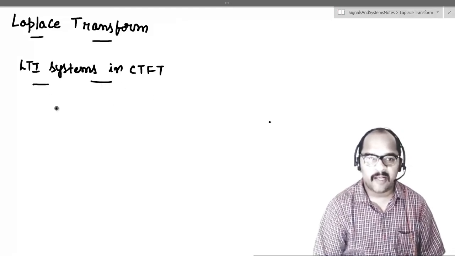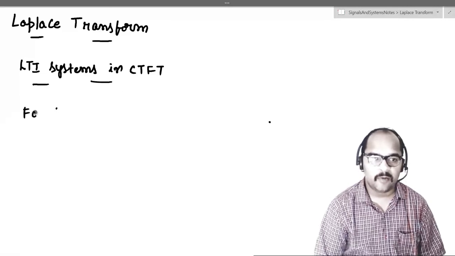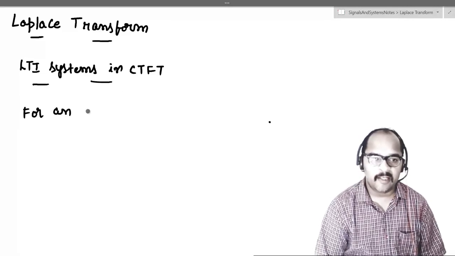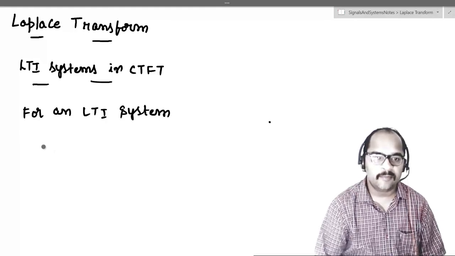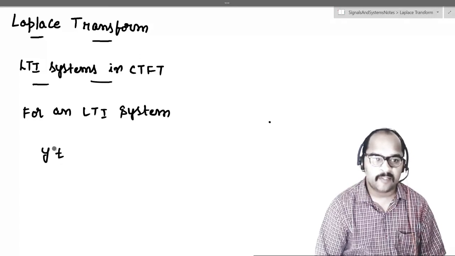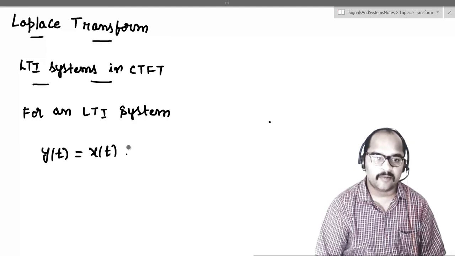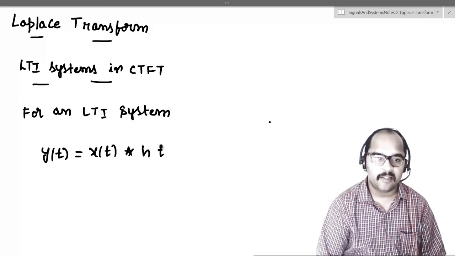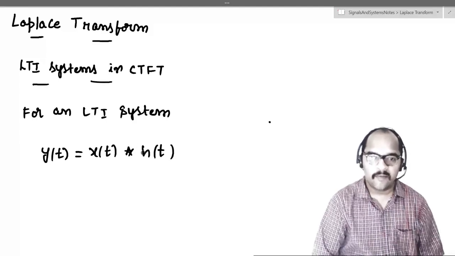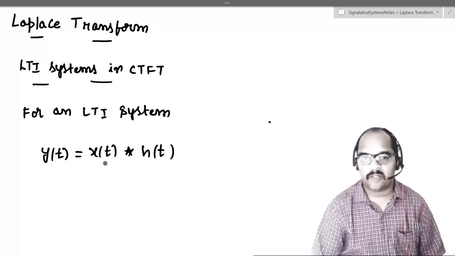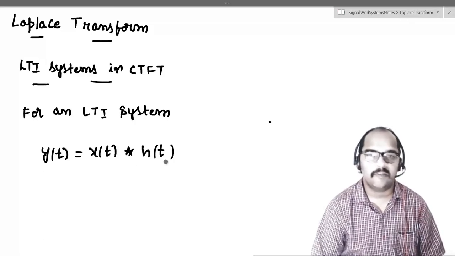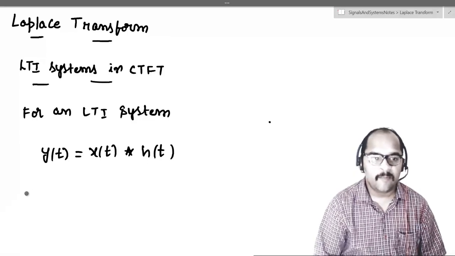If you remember, for any LTI system, the output y of t is equal to the input x of t convolved with h of t, where x of t is the input and h of t is the impulse response.